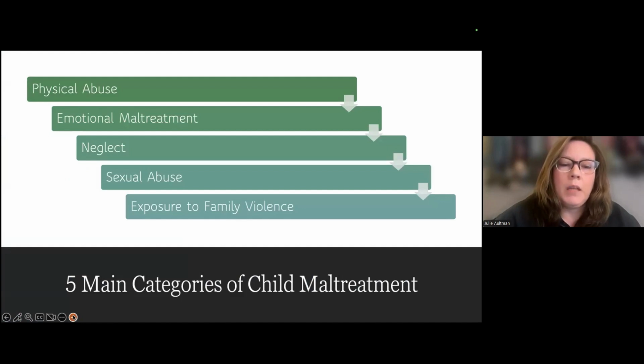So the five main categories that we're tackling in terms of child maltreatment, and we're using the broader term of child maltreatment because it includes physical abuse, emotional maltreatment, neglect, sexual abuse, and exposure to family violence.